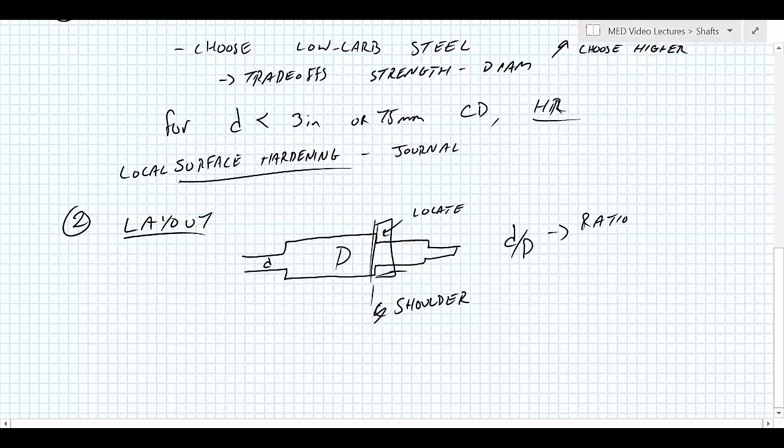So a particular manufacturer for bearings or pulleys or gears, they will define what that ratio should be. In the textbook in Chapter 7 for the Shigley book, you can see some ranges of what is typical for spur gears of a certain pitch or certain types of bearings.